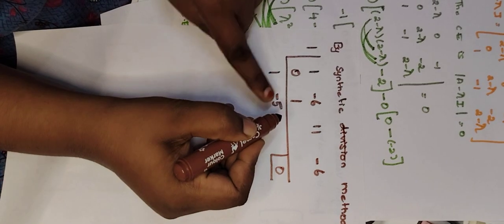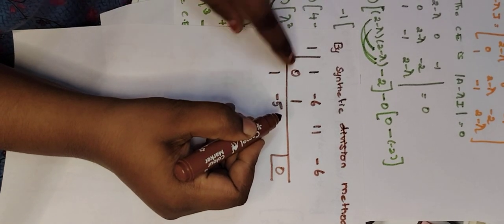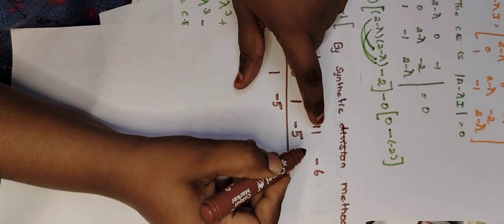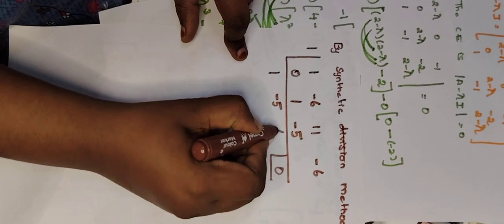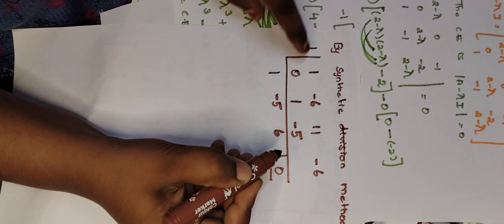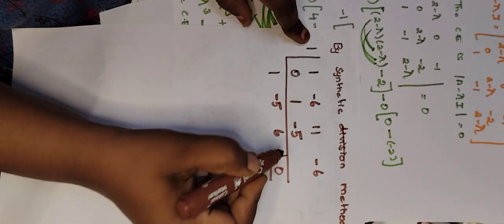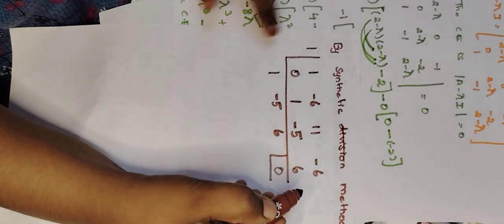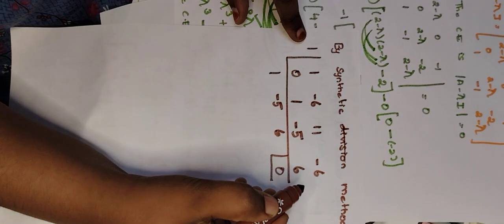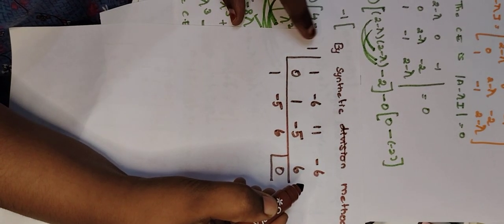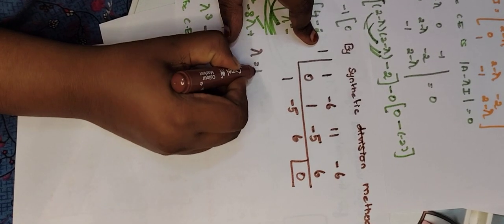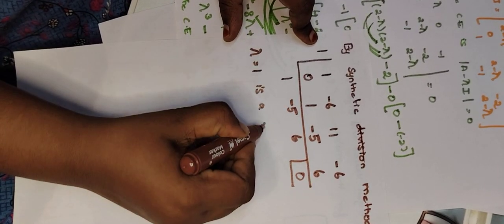Minus 6 plus 1 is minus 5. Minus 5 into 1 is minus 5. Now we add: 11 minus 5 is 6. 6 into 1 is 6. Now you can see the addition becomes 0. So the root which we obtained is lambda equal to 1.